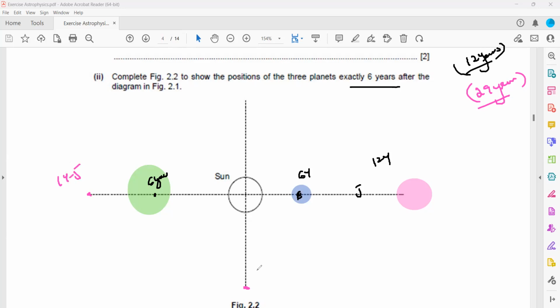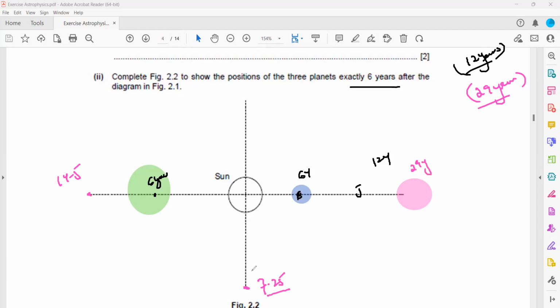After 7.25, it will be here, because Saturn takes 29 years to completely move.